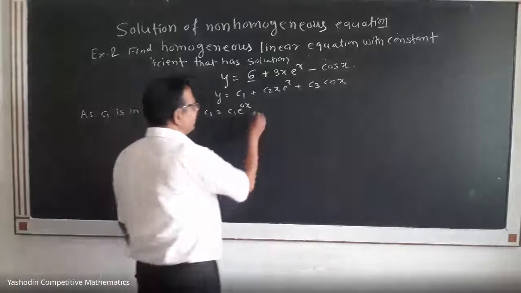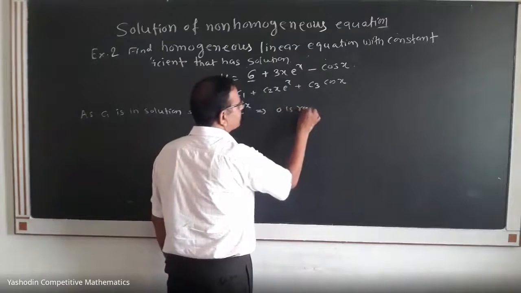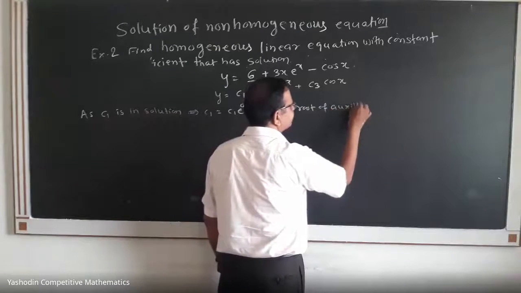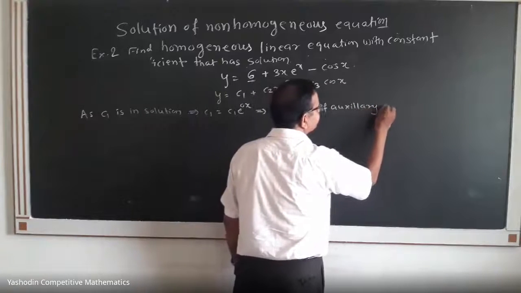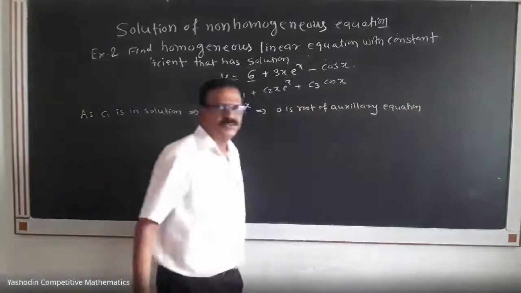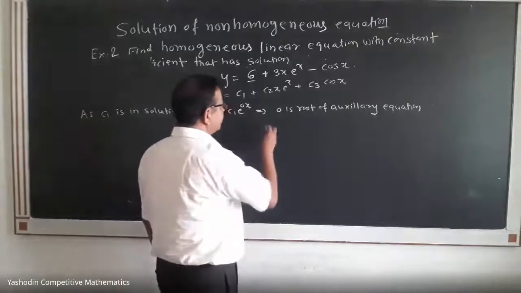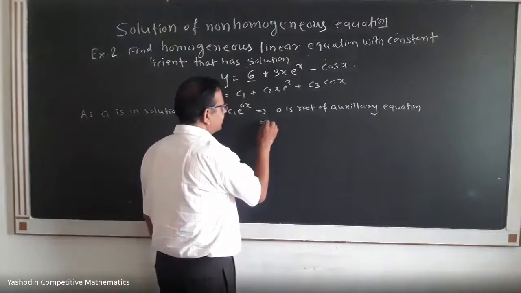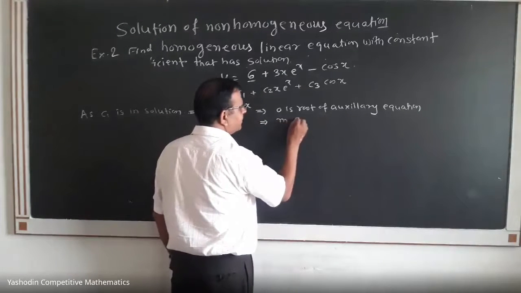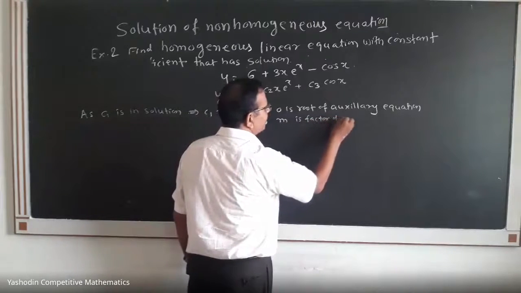And this implies that 0 is a root of the auxiliary equation. And as 0 is a root of the auxiliary equation, we know that m minus 0, that is m, is a factor of the auxiliary equation.